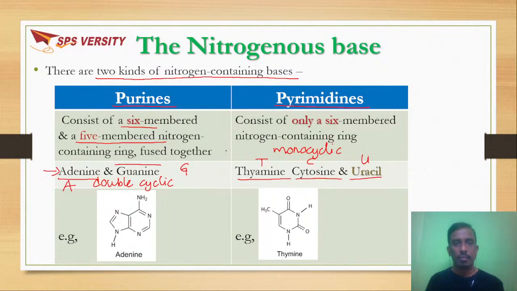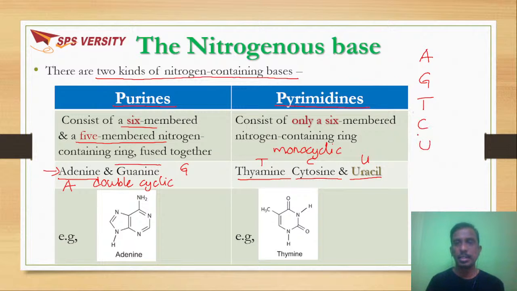So finally, if you take the total number of nitrogenous bases, they are adenine, guanine, thymine, cytosine, and uracil.